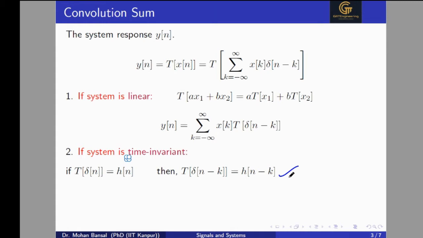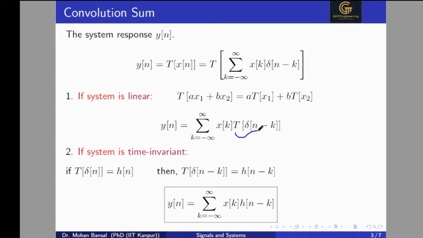So this expression can be written as y[n] equal to summation of k equal to minus infinity to infinity x[k] h[n minus k], where x[n] is our input signal and h[n] is our system. If we convolve both of them, we get y[n], and this is the convolution sum representation.